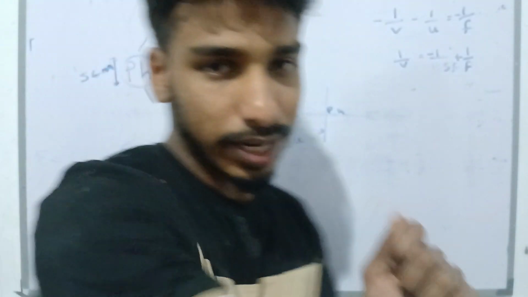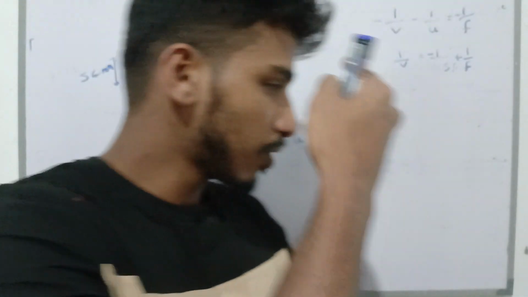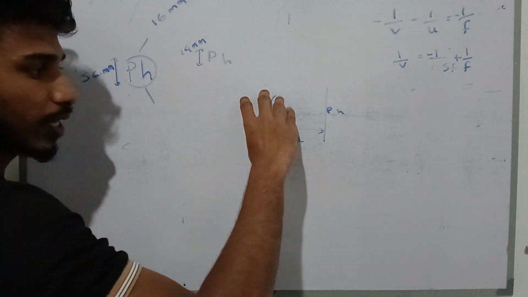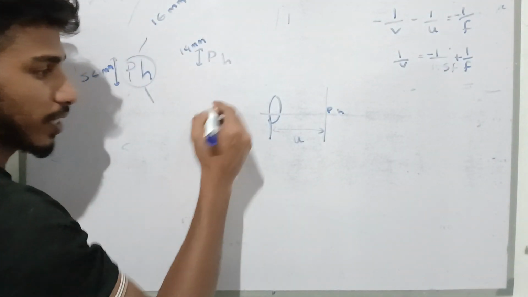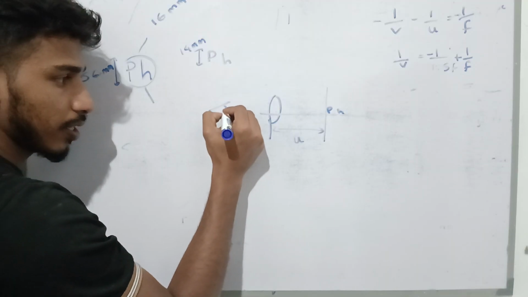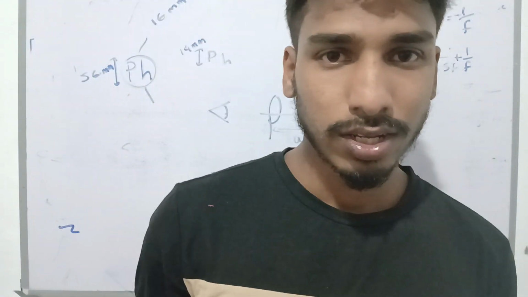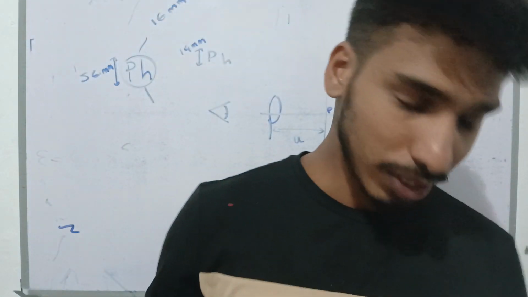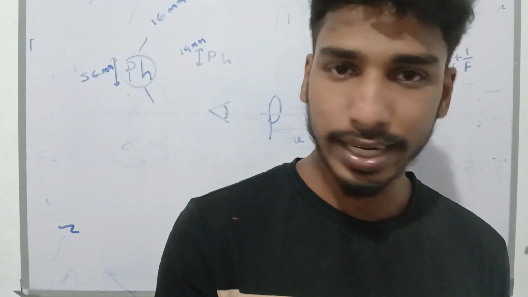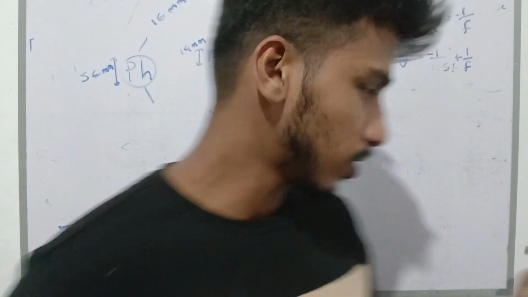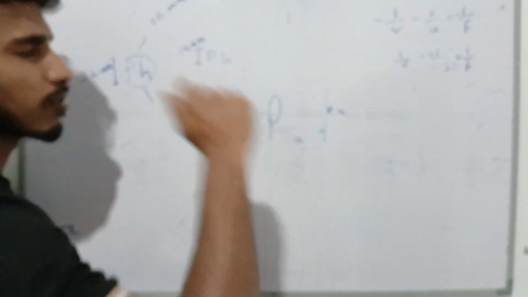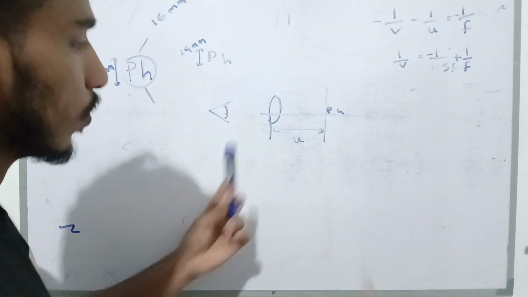So the image has to be produced forward to my eyes, right? It can't be formed behind my eyes, then I can't see it. So if my eye is here, the image has to be here, then only I can see that. If it is on the object side, then it's a virtual image, okay? Just remember. So actually I'm asking you the object distance.